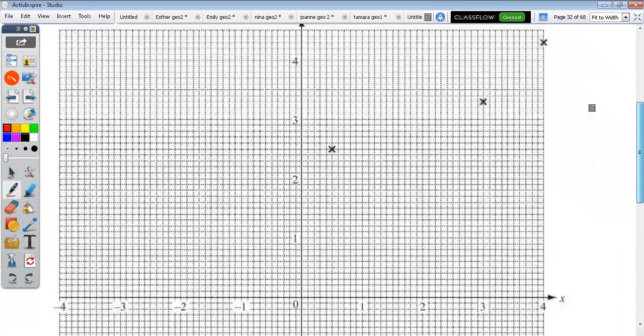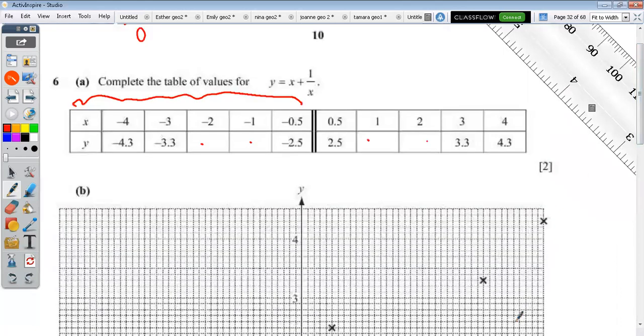Let's find the missing values. For the one with -2, it's -2.5.